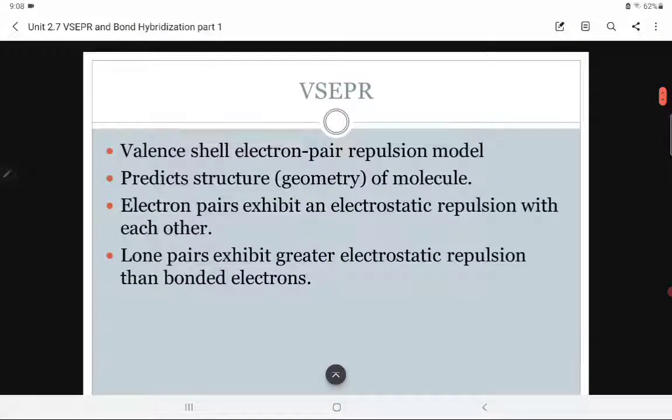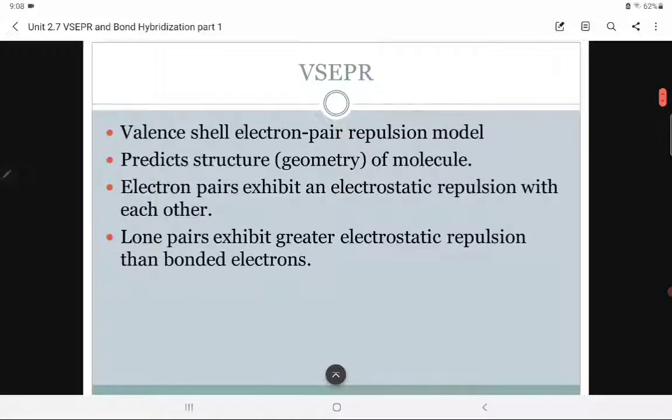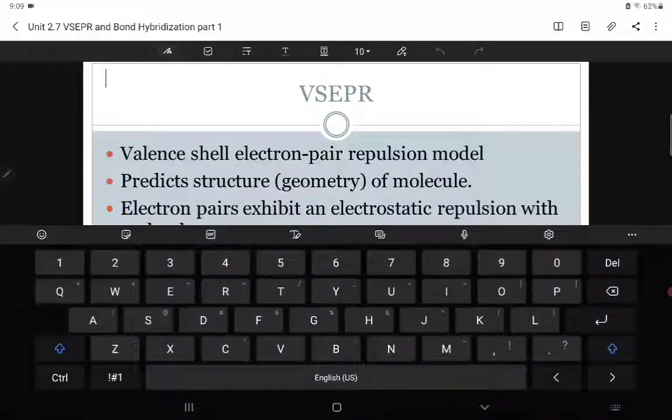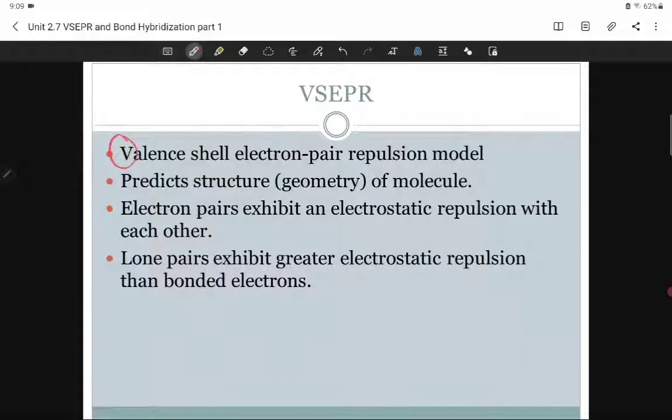So last year you did talk about Vesper. And where does all that come from? Valence shell electron pair repulsion. And using, like, we've drawn water before. Here is water, and you could draw this probably a number of different ways.